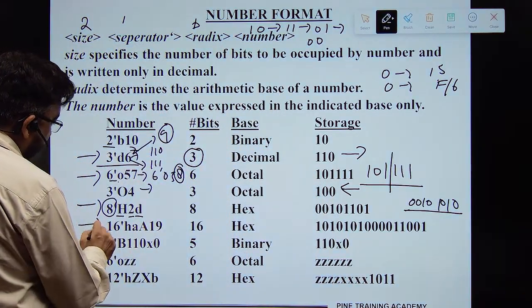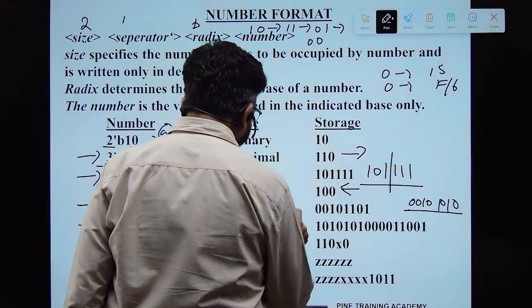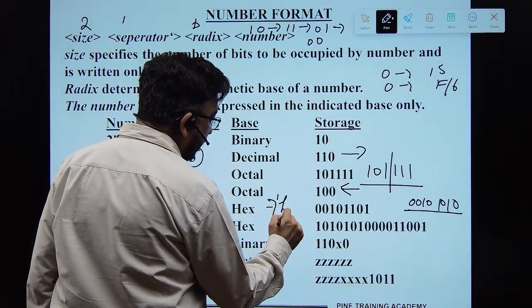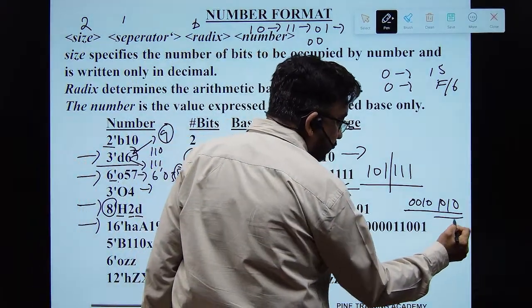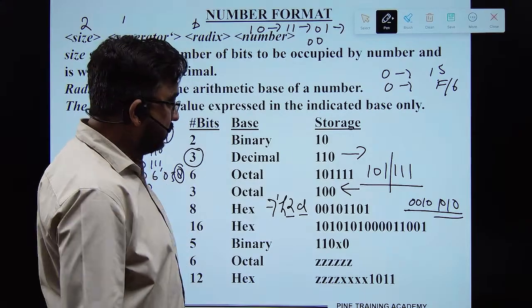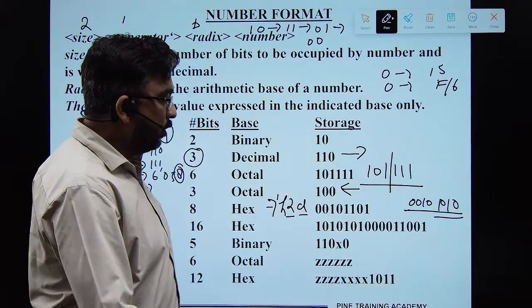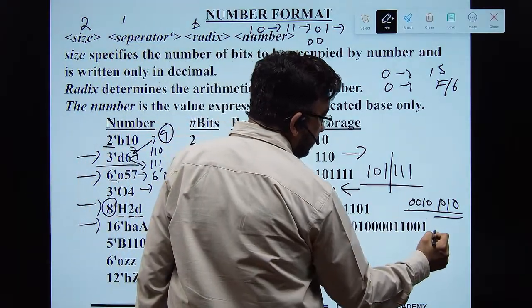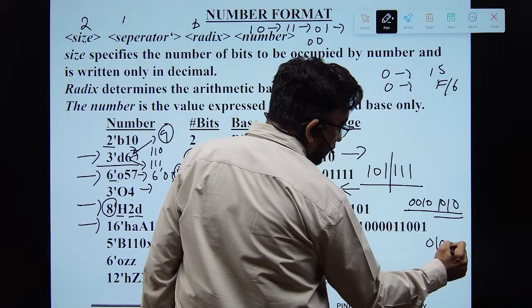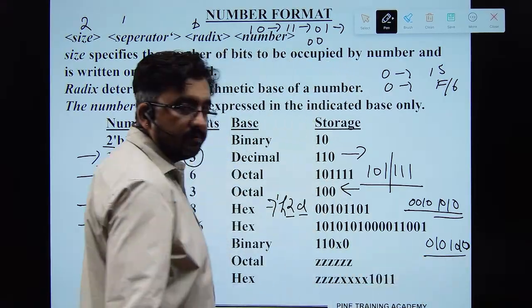What happens if it is 7'h2D? No problem. D you represent as 1101, and 2 as 010, total 7.